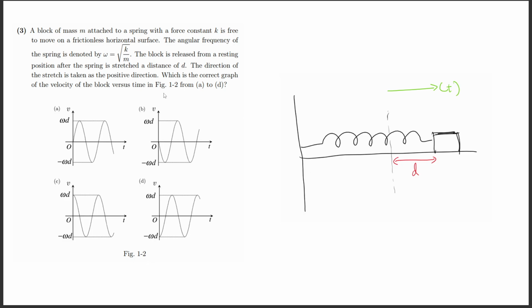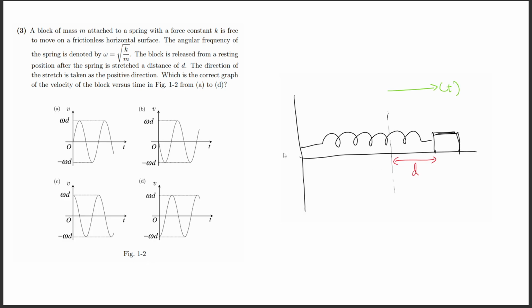So to illustrate the problem, let there be a wall with a block stretched from its natural position, that is here, to the distance d, and we take the direction of the stretch as the positive direction.